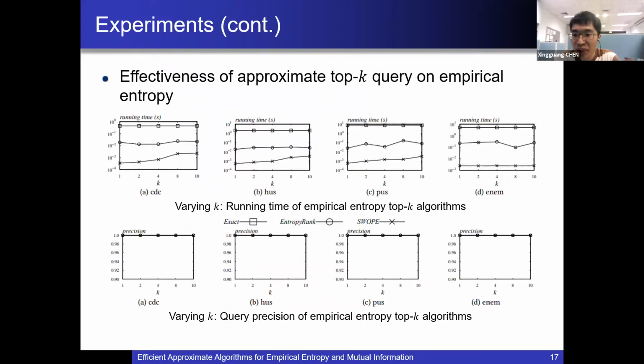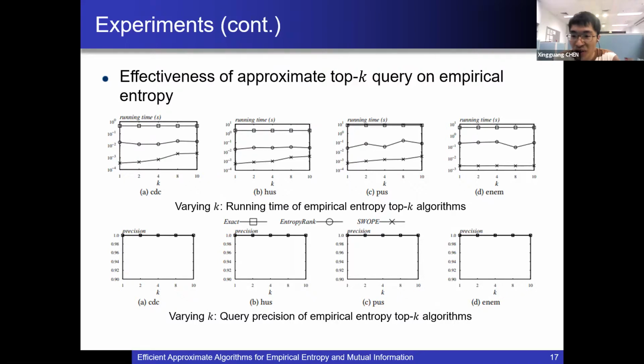Here are the experimental results of approximate top K query on empirical entropy. In the first figure, the x-axis represents various K and the y-axis represents the running time of 3 methods: exact method, entropy rank, and our solution on each dataset. In the second figure, the y-axis indicates the precision of the answers to the query.